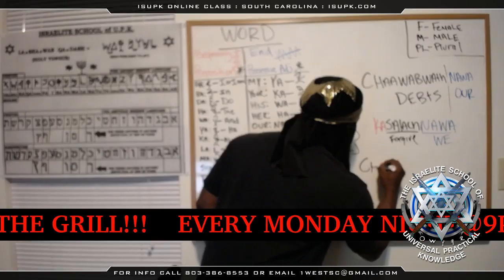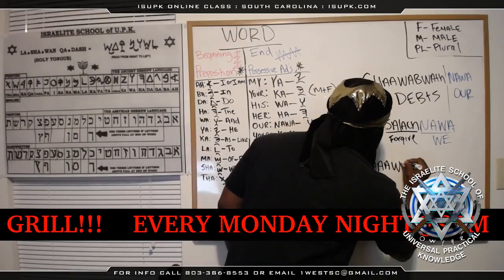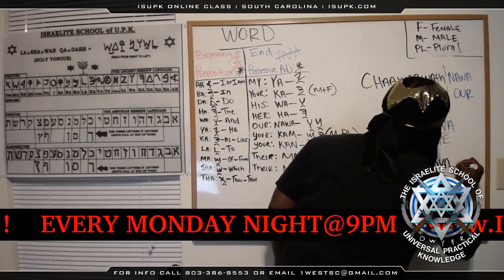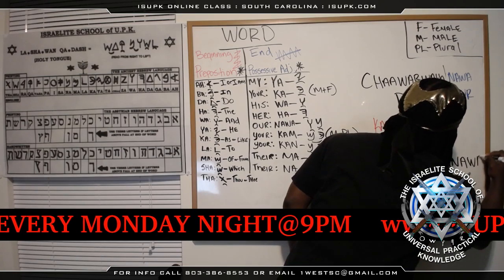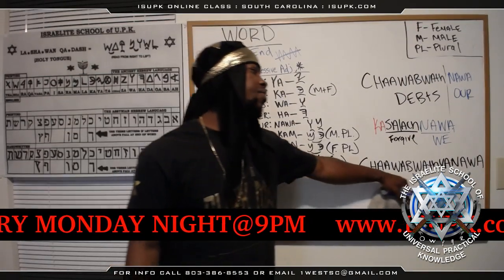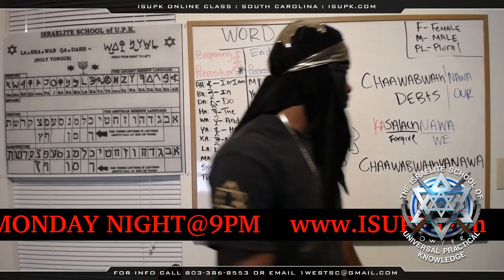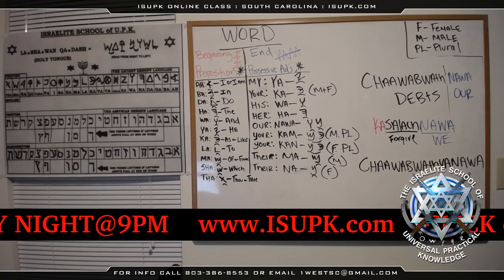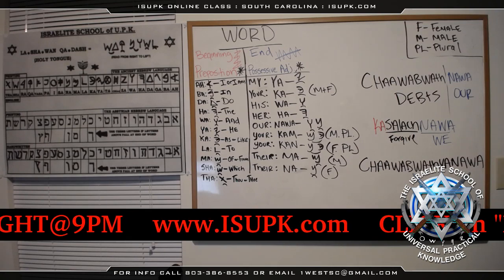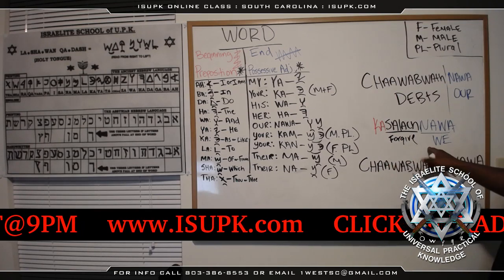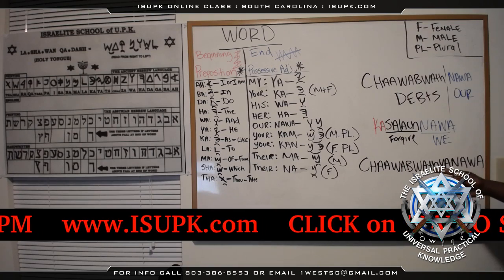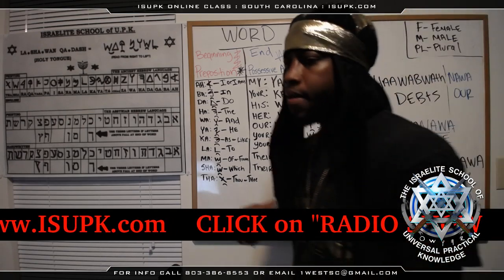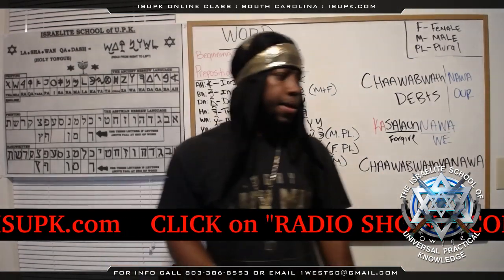It's going to be ka, wa, wa, ya, na, wa. So the only thing we added in this one is ya. And as we forgive our debtors, this is showing possession. Our debtors. You know what I mean?